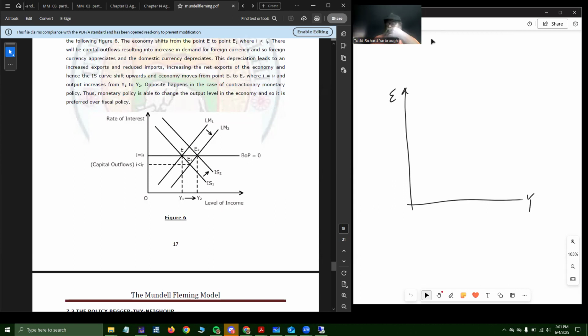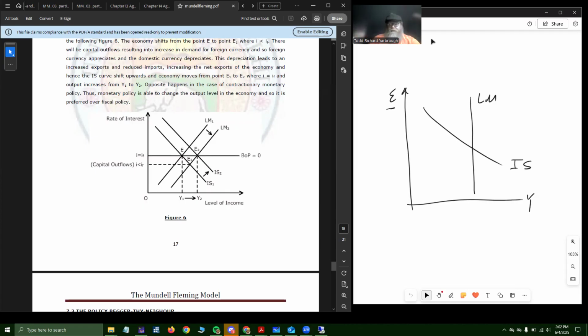As you know, the way that I lectured on the Mundell-Fleming, and I'm going to show you that presentation here to the right, was with a vertical LM curve and then a kind of normal downward sloping IS curve. And the important thing here is exchange rate is on the vertical axis.